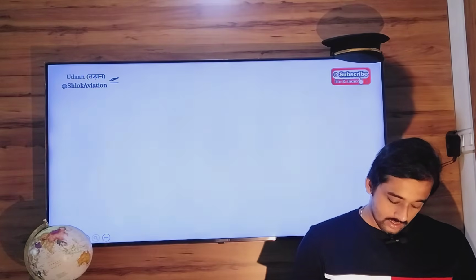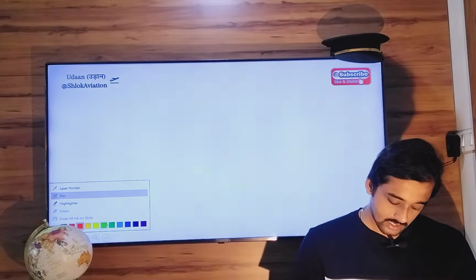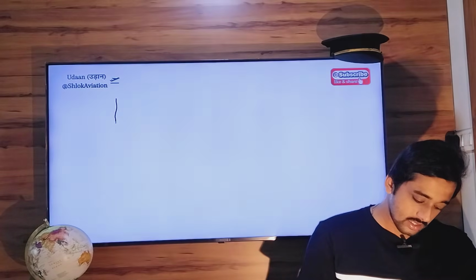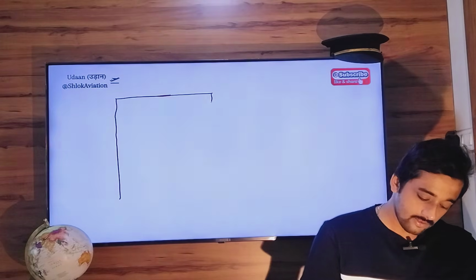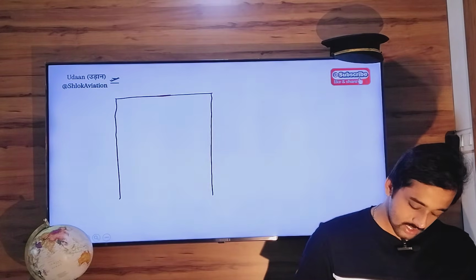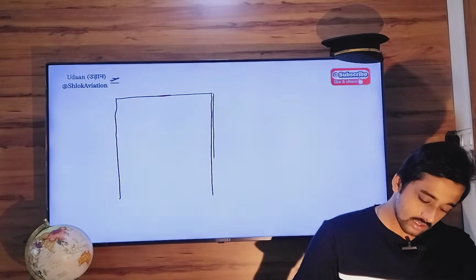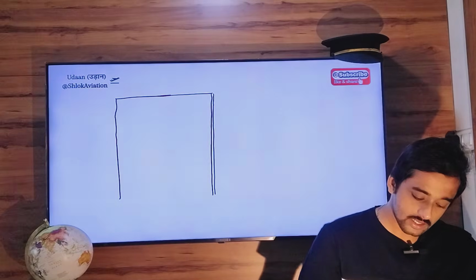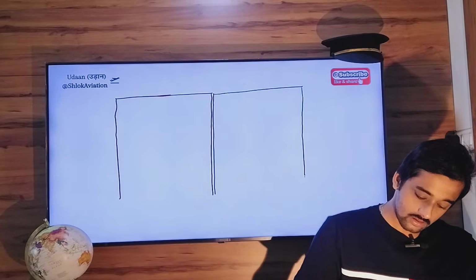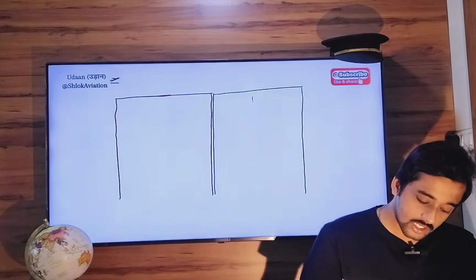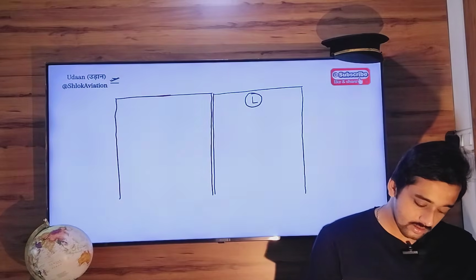So let's say here is an airspace. This is a high pressure area. The aircraft flies from this high pressure air mass into a low pressure air mass. So this is low pressure area, this is high pressure area.